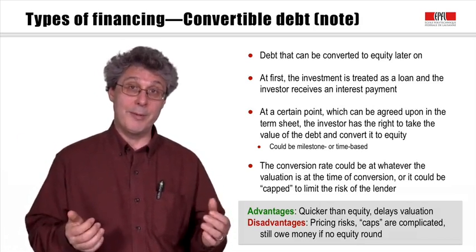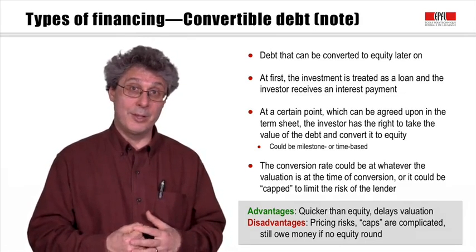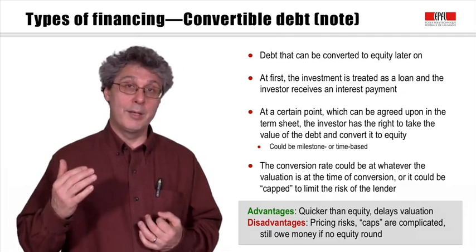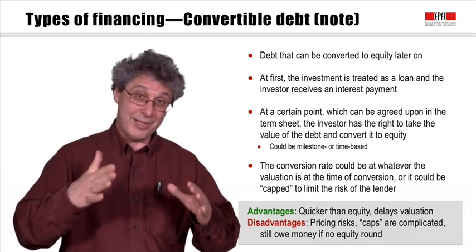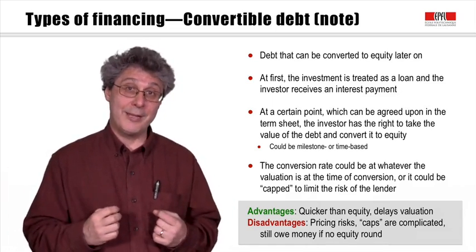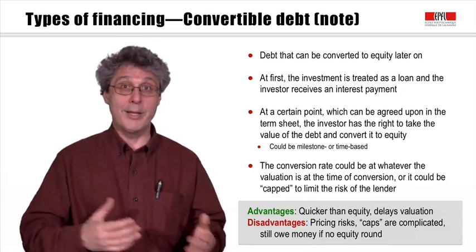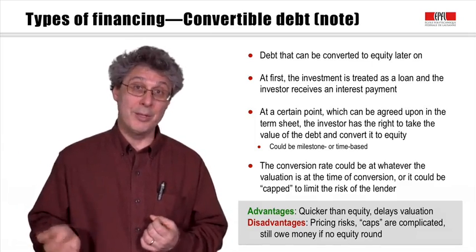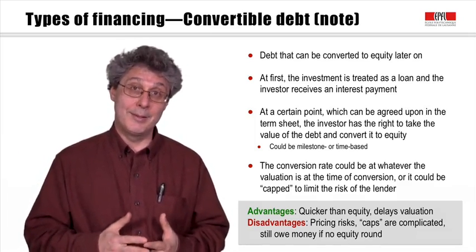So, for example, if I were to lend you $100,000, you might say to me, well, in the future, if the company is worth more than $1 million, we will pretend for this particular exercise that it's worth exactly $1 million, so that you will end up with 10% of the company. If it's worth $10 million, you still get 10% of the company because your valuation is capped.